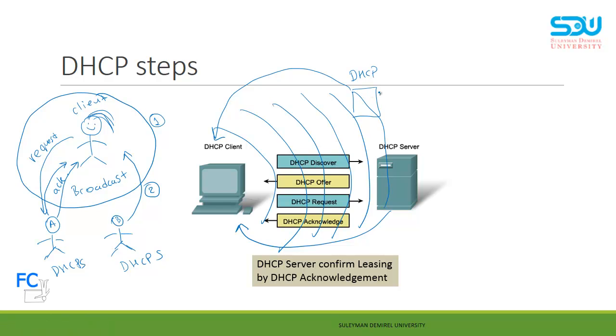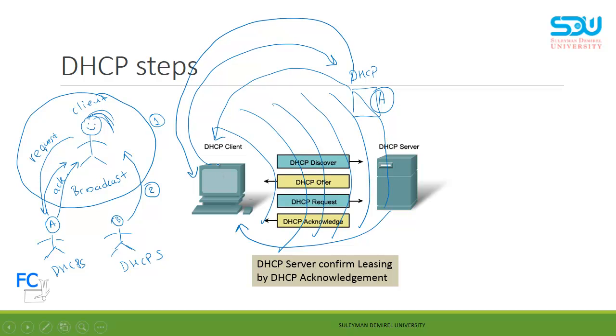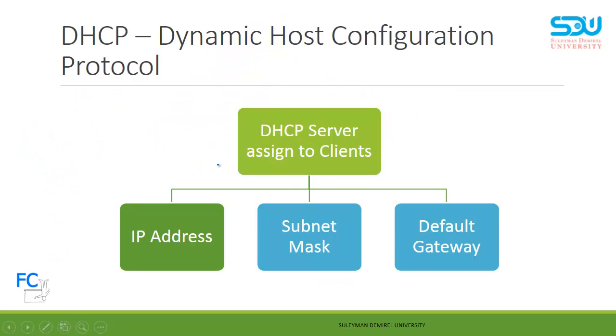If DHCP server A is first, then server A will get the request from the client, and the IP address will be given from this server. What do DHCP servers provide? It was already listed: IP address, subnet mask, default gateway, and the DNS server's IP address. So let's add it here also.